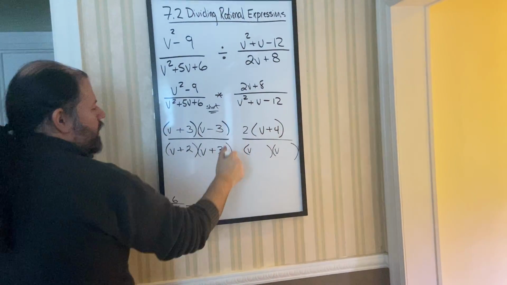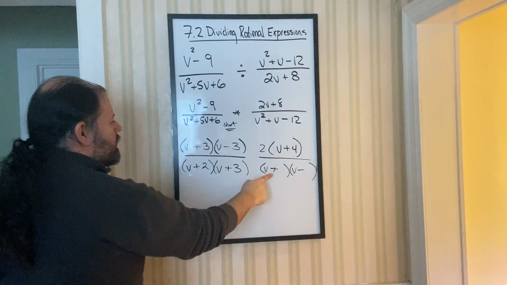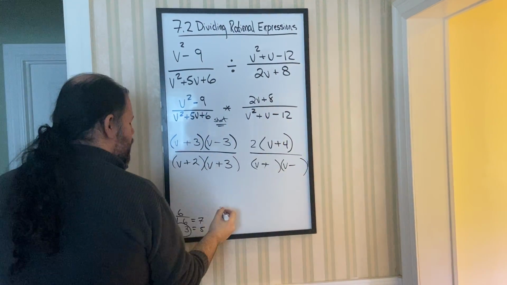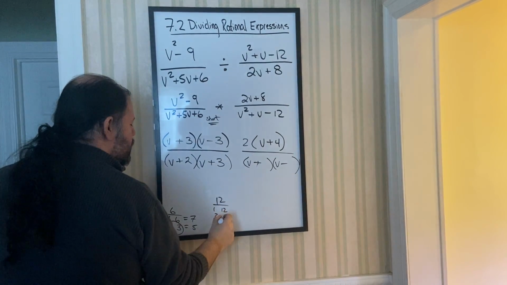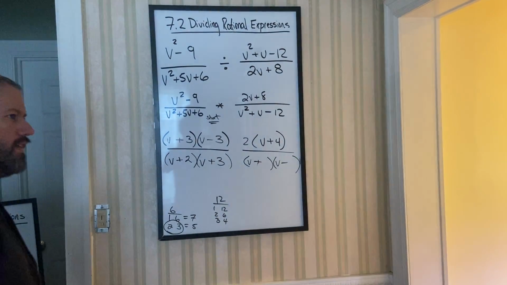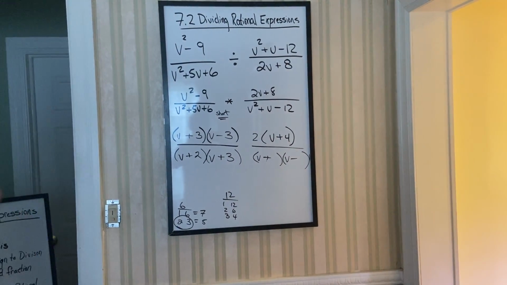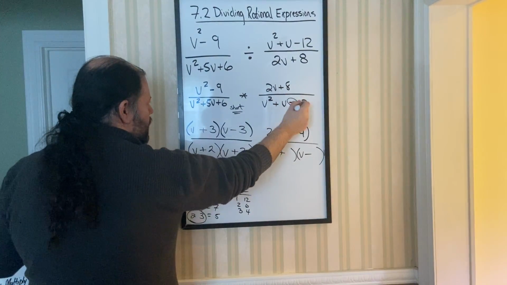Sign issue, minus sign, 1 plus, 1 minus, that's step 2. Step 3, do all the combos of 12. 12 is 1 and 12, 2 and 6, 3 and 4. Once we do that, then we're going to have to add, subtract.